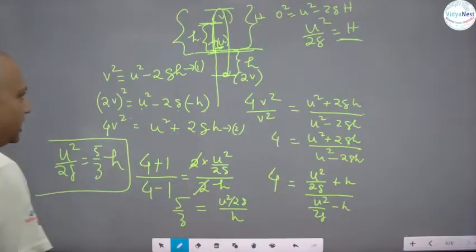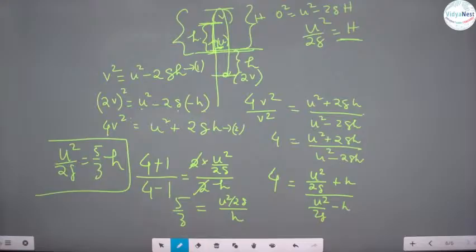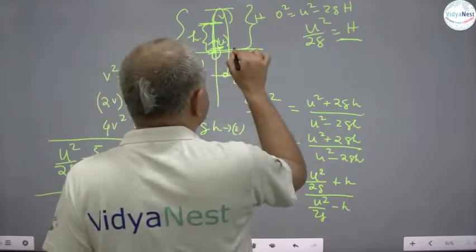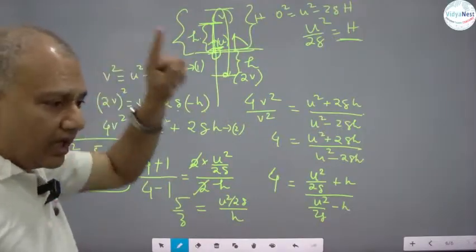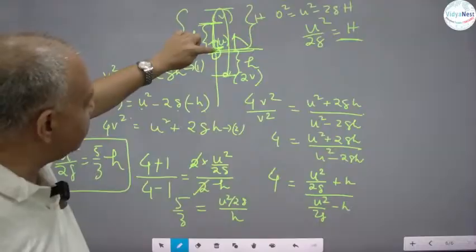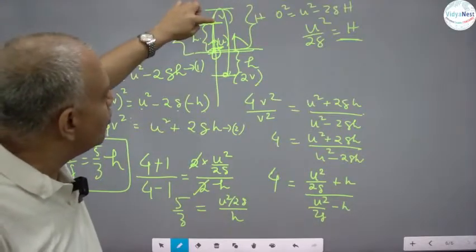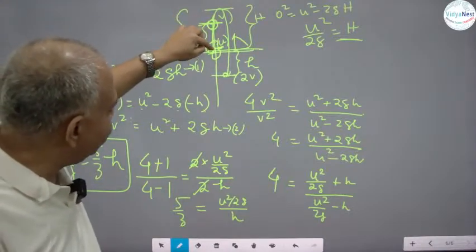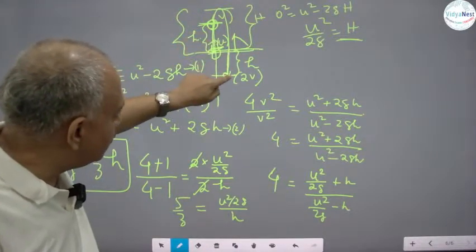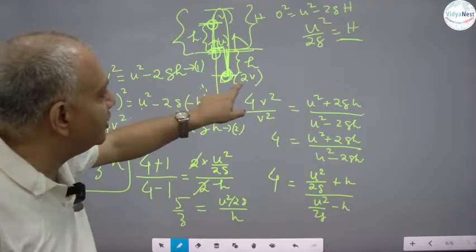This is the maximum possible height reached by the object whenever thrown from the tower. Have you understood the question? The question was that if I project with a certain velocity, when it is reaching a height h, what is the velocity at this position? When it is coming down, in the downward direction it reaches the same height with double the velocity.